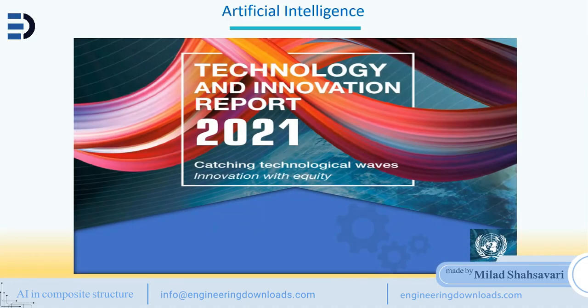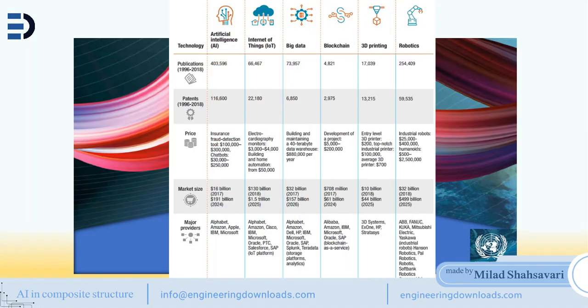To better understand the importance of addressing this topic, there's a journal called Technology and Innovation that is published annually. The section I'd like to introduce to you is from the 2021 edition of this journal. There's a very interesting table that categorizes and highlights the top performing fields across several domains. As you can see, some of the leading areas include 3D printing, robotics, big data, and AI.